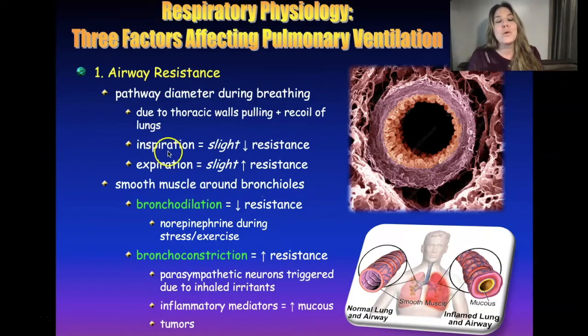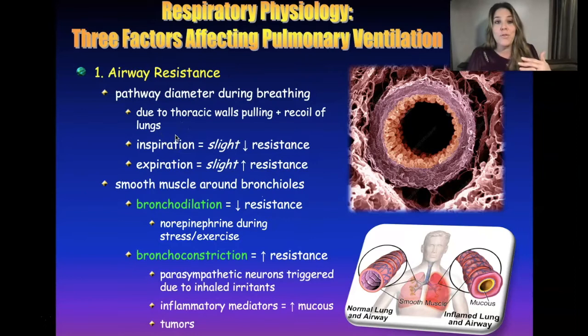So, for example, during inspiration, recall that as we're inspiring, the volume of the lungs is expanding and they're getting pulled on by the thoracic wall. They're also pulling on those tubes, such as the bronchioles. And so very slightly, but nonetheless significantly, that pull is going to create slightly more dilated air conducting tubes. It's going to pull them open, and thus air can travel faster through the tubes because there's now less resistance.